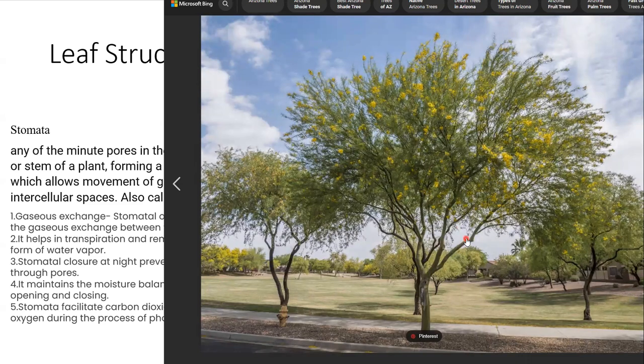The really popular one right now is called Desert Museum. It's a triple hybrid. There were 3 different Cercidiums hybridized together to create the one called Desert Museum. You go into any nursery these days, and it is the most popular Cercidium.